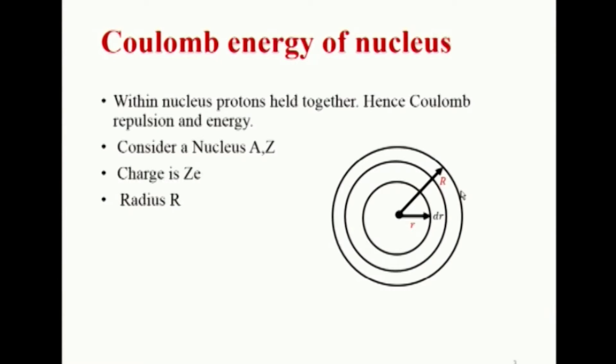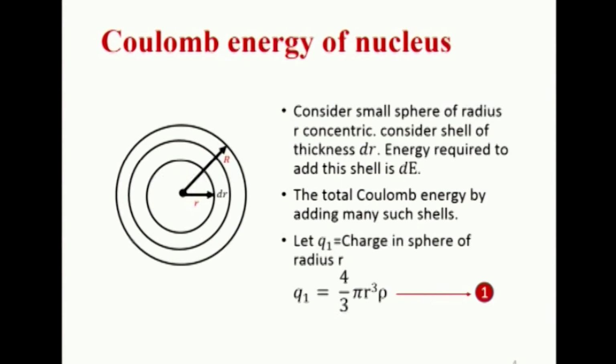So, this part is done by integration. Consider a small sphere of radius r, concentric with the nucleus. Now, we consider a shell of thickness dr, which I already told you, added onto that. The energy required to add this shell, let us call dE.